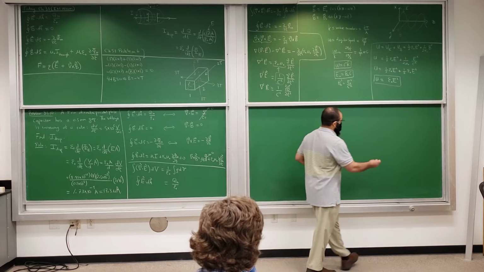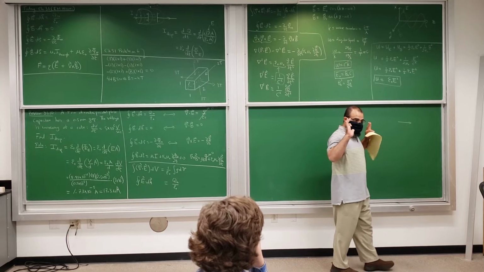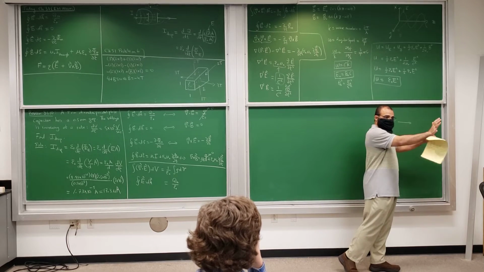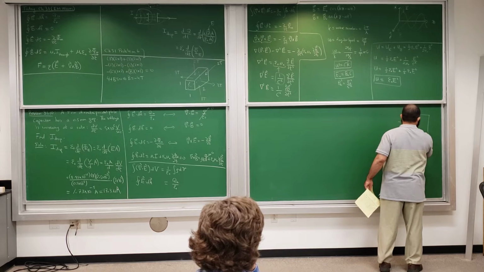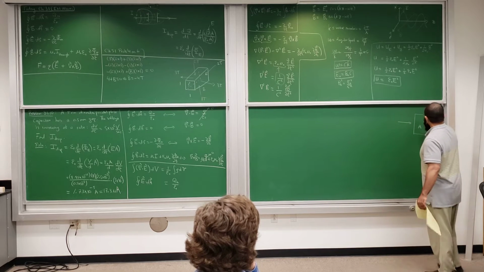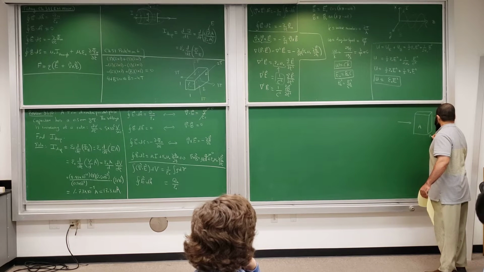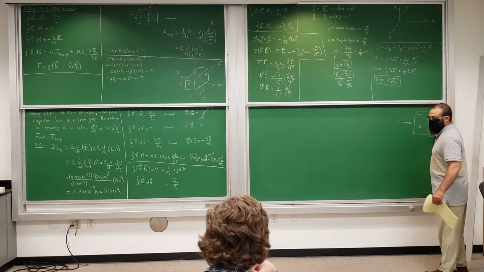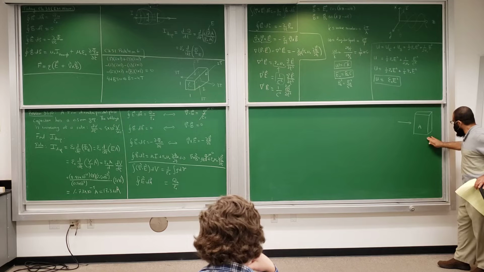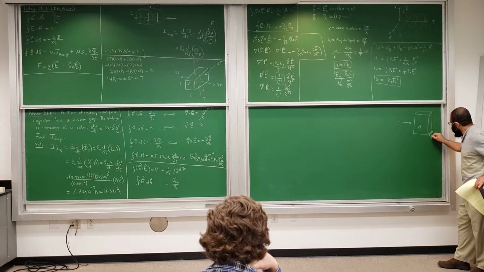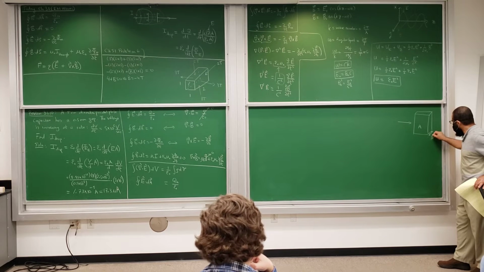Obviously, you've got many of them, a whole volume of them traveling this way, and let's say they pass through an area A. And if you wait over a time delta t, how far do they travel in a time delta t? Let me call this delta x, or since they're traveling in the z direction, delta z.